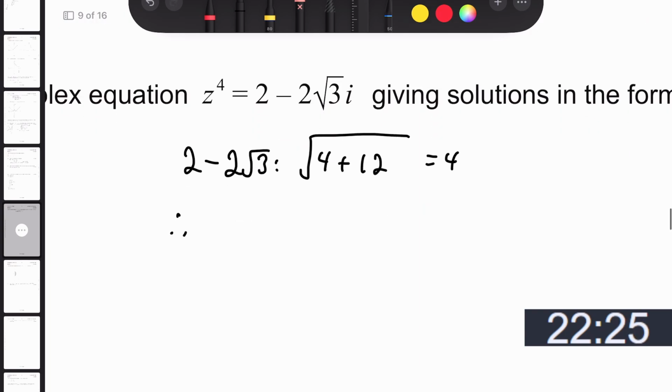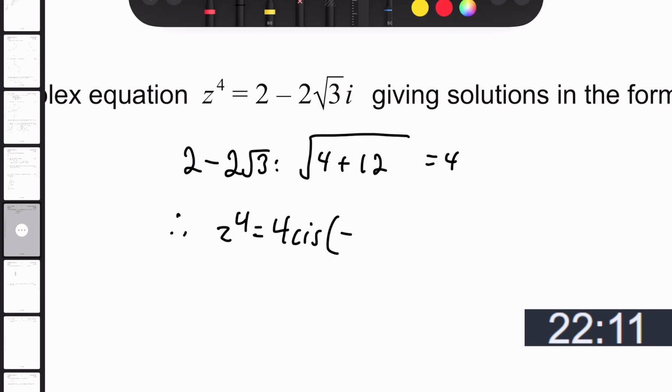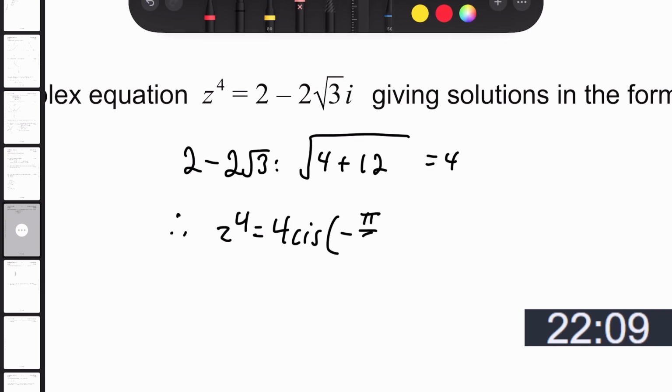So then therefore z to the power of 4 is equal to 4 cis of... so it's a half positive but a negative, so pi on 3, negative pi on 3, because we'll be going that way. That'll be 60 degrees. Negative pi on 3 is negative sine pi on 3, which is 60 degrees.